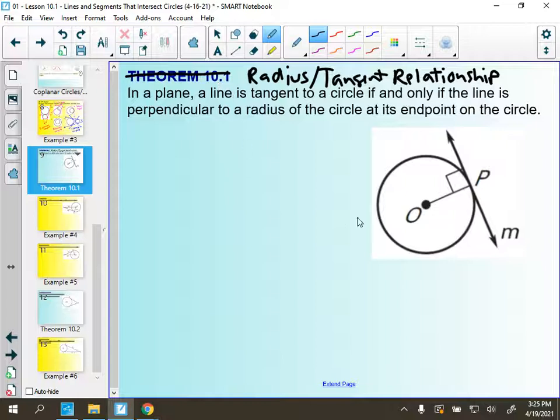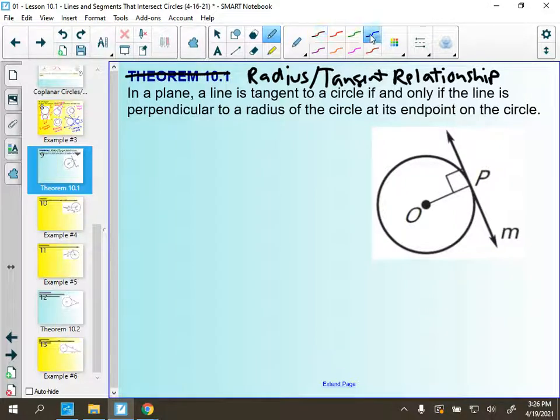This is true. When we've got our circle in a plane, the line that's tangent to that circle at any given point would be perpendicular to the radius at that same point. That point of tangency.